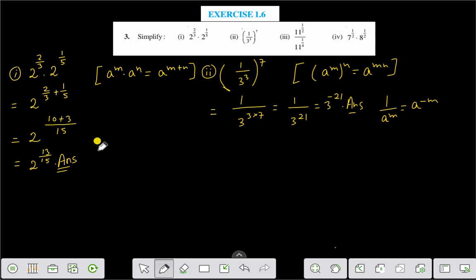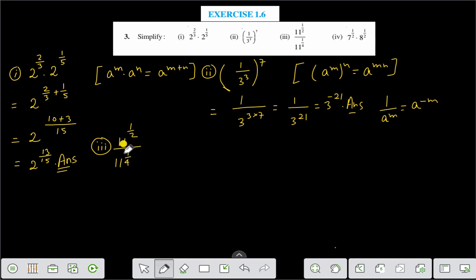We'll solve question number 3. Question number 3 is 11 to the power 1 by 2 divided by 11 to the power 1 by 4.